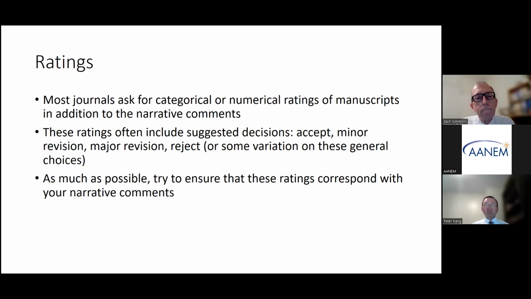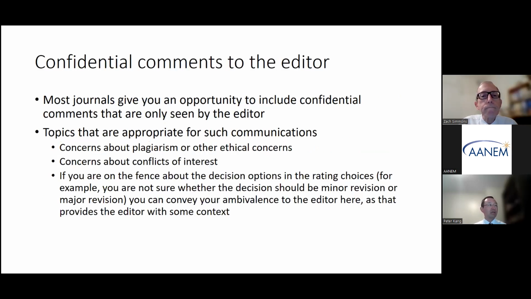As much as possible, try to ensure that these ratings correspond with your narrative comments. It sometimes gets confusing if we see a lot of really positive comments, but then a really negative rating or vice versa. There is typically a section, and Muscle and Nerve does this also, where you can enter confidential comments to the editor.